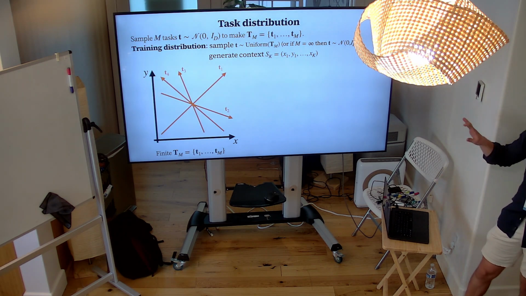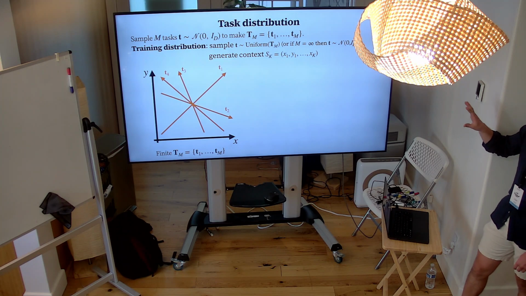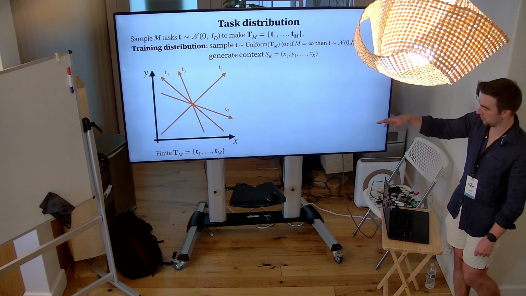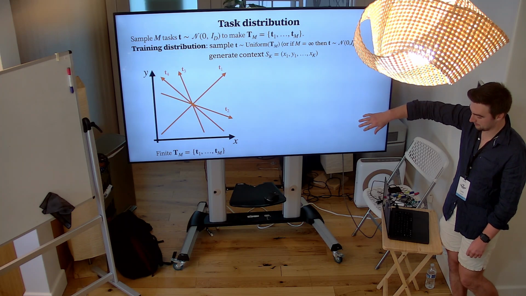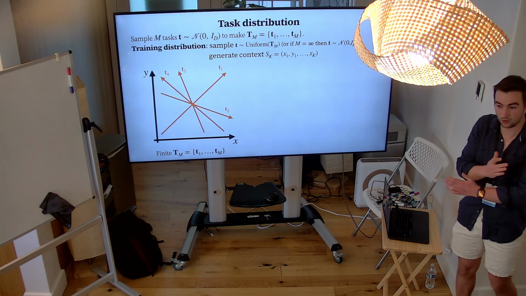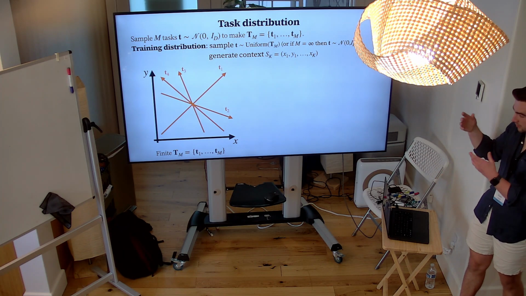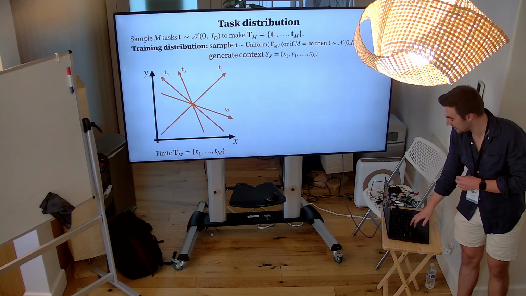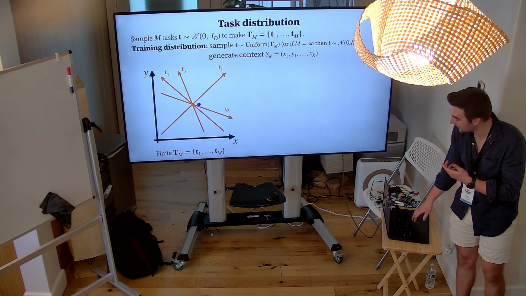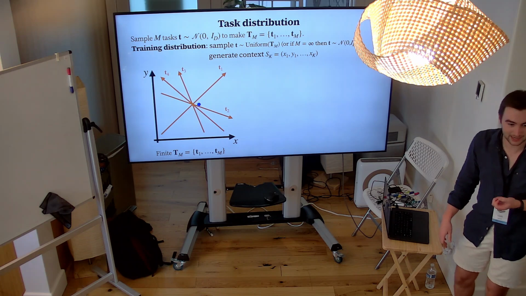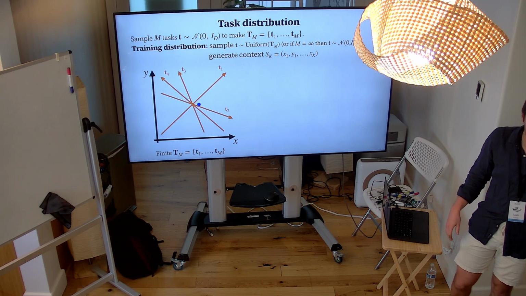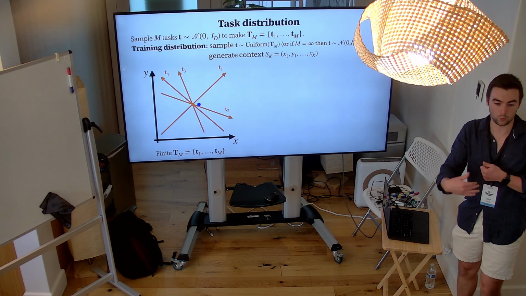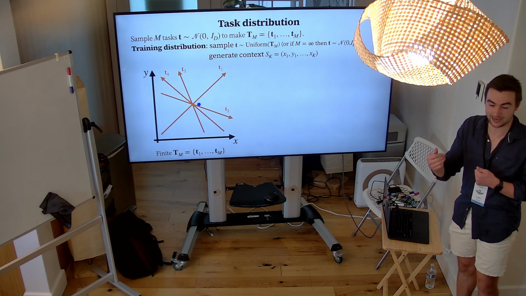So, just to give some intuition here, if we have a finite set of tasks, you can think of it as perhaps the model is able to store all of these different tasks. It learns that there are 4 in the underlying set. And what I want to convey here is that it doesn't take many data points, potentially, for the transformer to learn which task it is seeing in context.